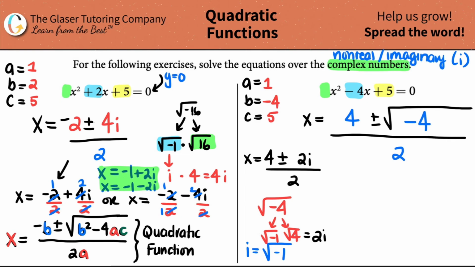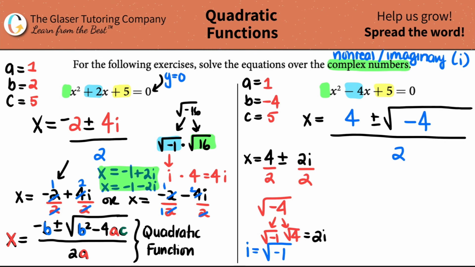2i. Now, what you also can do is, if you want to just break off the denominator now, you can. So maybe we'll try that. So instead of saying it's all over 2, this would be 4 divided by 2 plus or minus 2i divided by 2. I think that makes it easier because then you only have to do the division once.